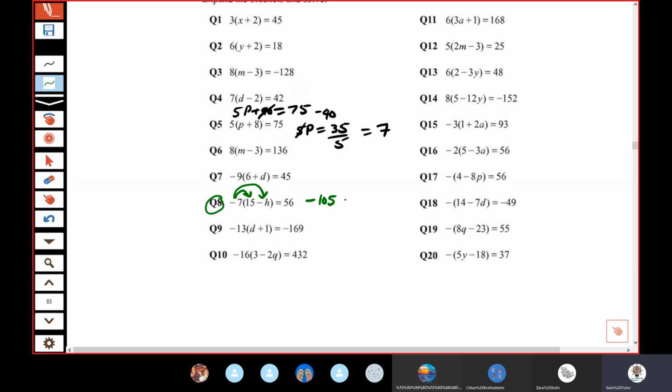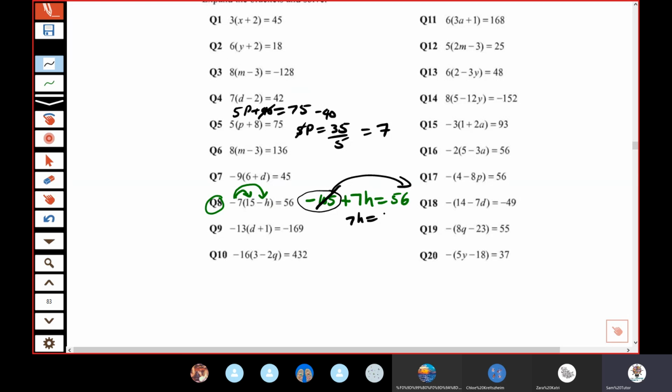Negative and negative makes a positive. Positive 7 what? 7h. Good job. Equals 56. Yep, and then we're trying to solve for h, of course, that's the idea. What do I get rid of? The number that's by itself. Oh, it's positive. It's going to become a positive, good job.